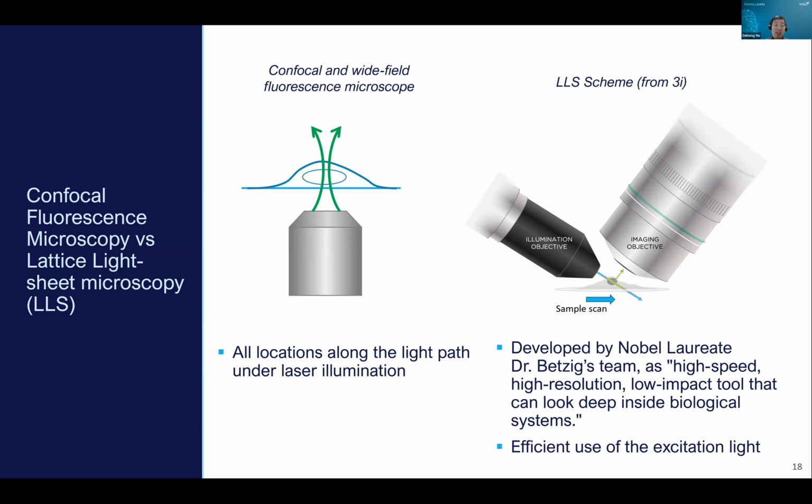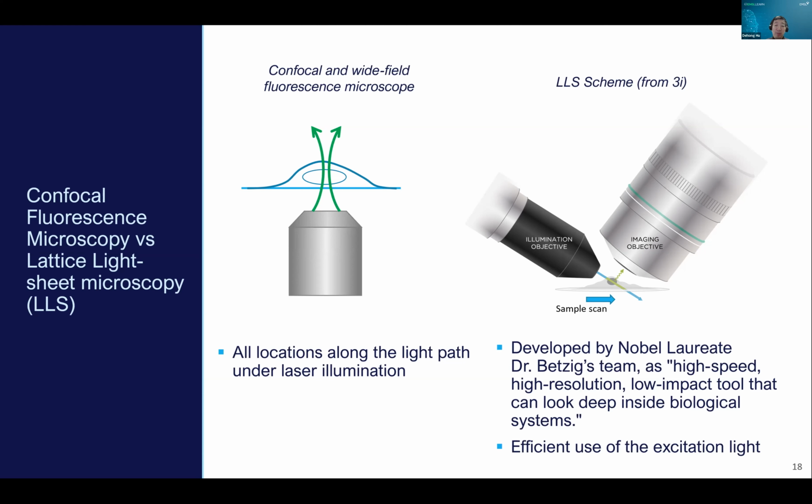Basically, the laser excitation light and the fluorescent emission light propagate along the same axis. This means everything along the laser propagation path gets the light. Although you only image one focal plane, everything above and below also receives the laser illumination. That causes some unnecessary photobleaching and phototoxicity, and even produces higher background.